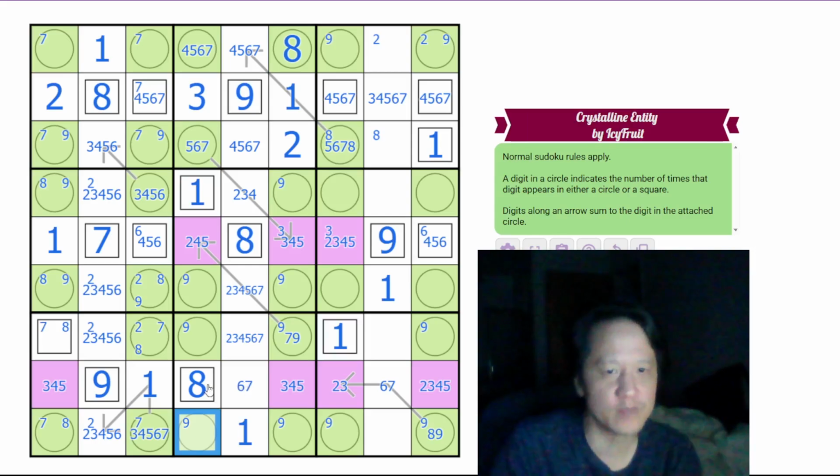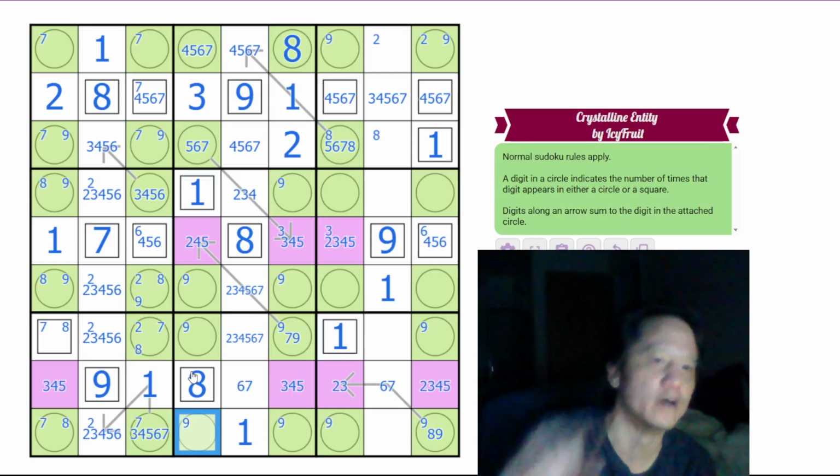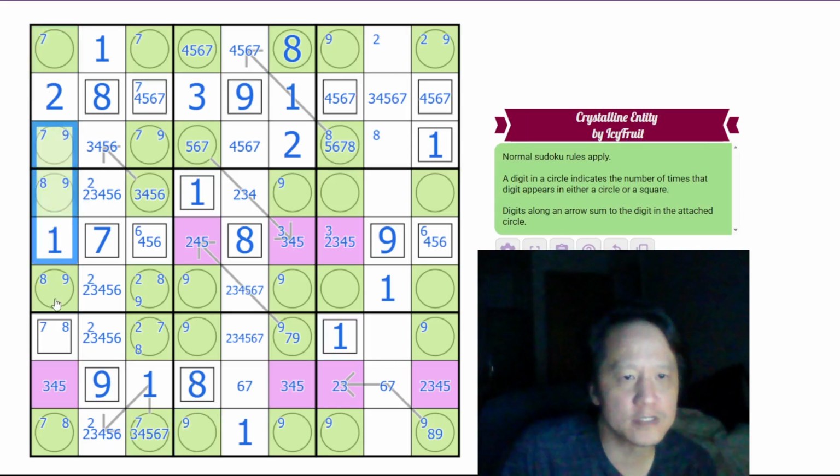Okay, let's just count non-1s. So 6 here in column 1, 8 in column 3, 2, 3, 4, 5, 6 in column 4. So that's 20. 1, 2, 3, 4, 5 in column 6.